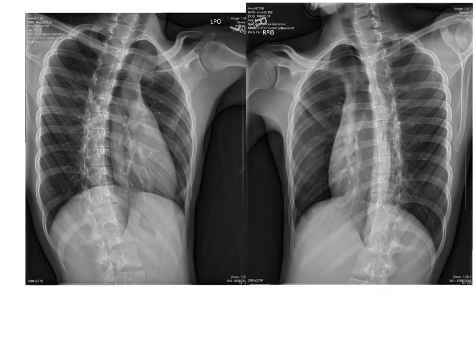If you look at the LPO, the obliquity here is a little bit better than on the RPO. Both would be fairly acceptable, but if you had to repeat them for any reason, maybe oblique your patient slightly more.